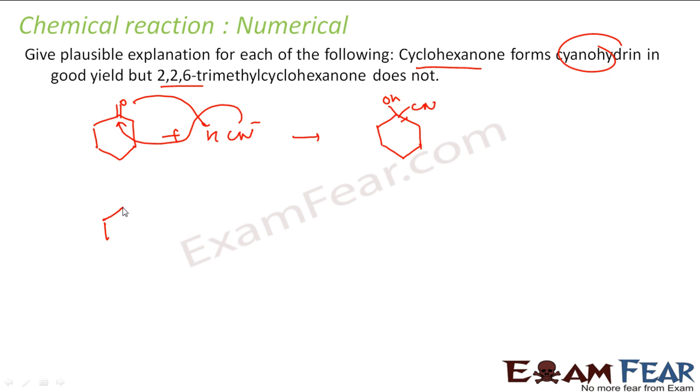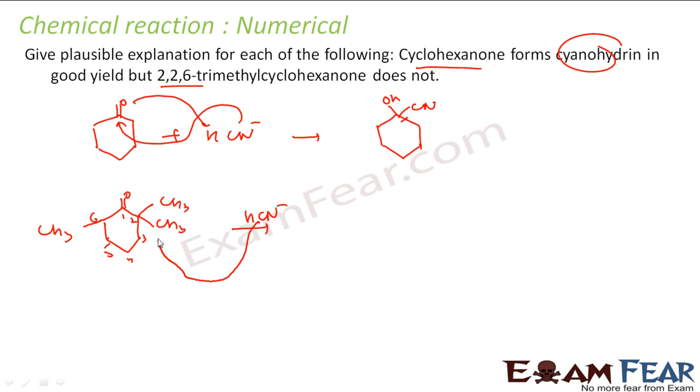2,2,6-trimethyl cyclohexanone. Let's find this first. It's my cyclohexanone, 1, 2, 3, 4, 5, 6. 2,2,6: at 2 I have 2 methyl groups and at 6 I have 1 methyl group. But this does not react with HCN. Why?